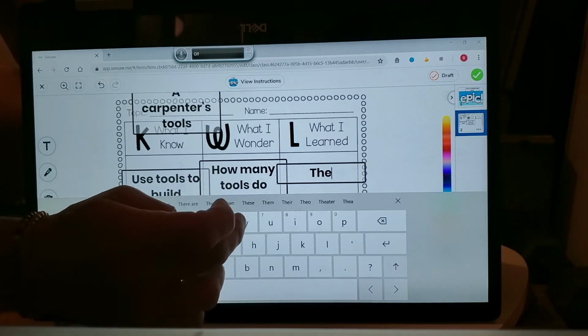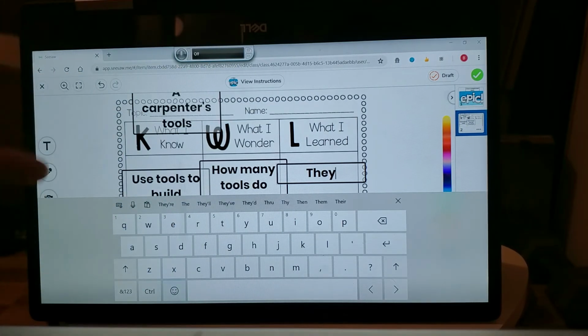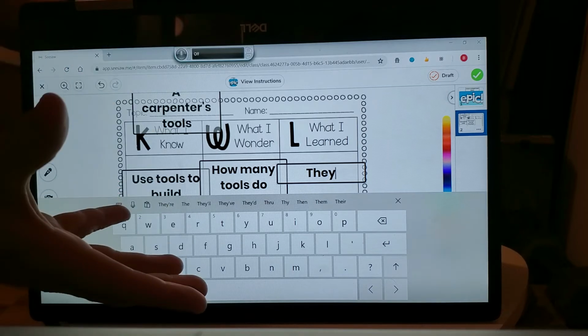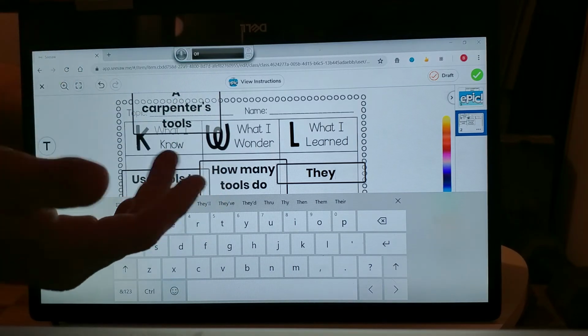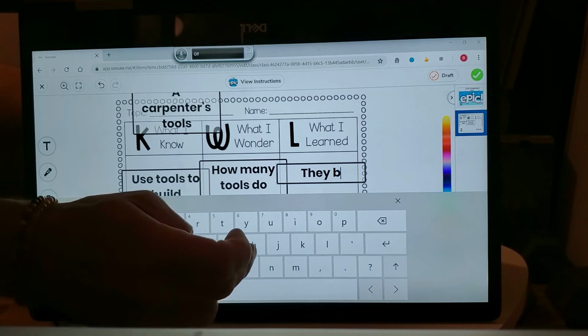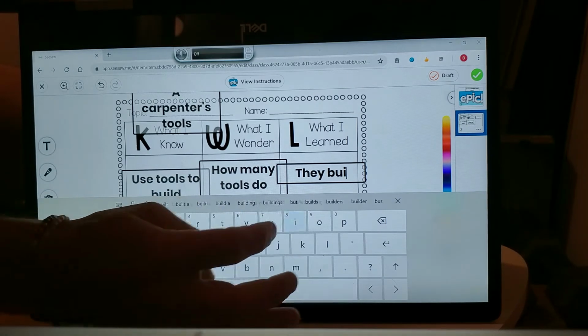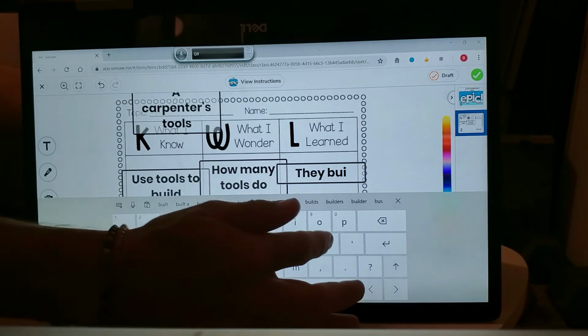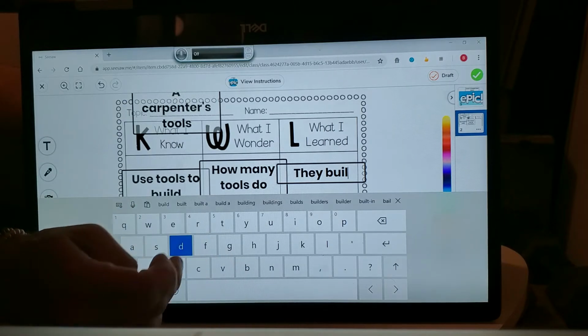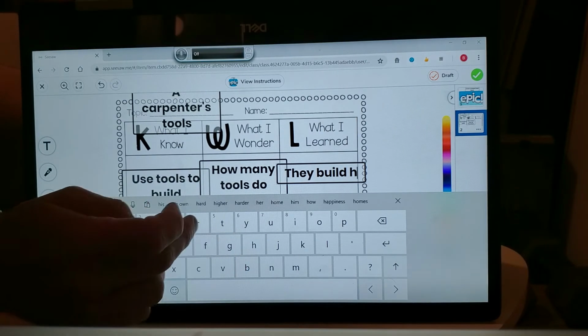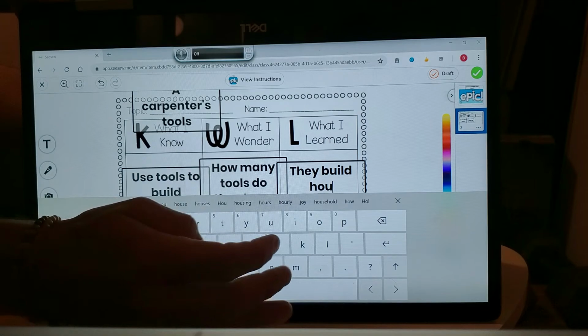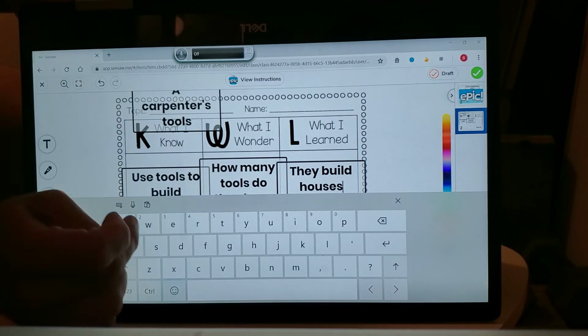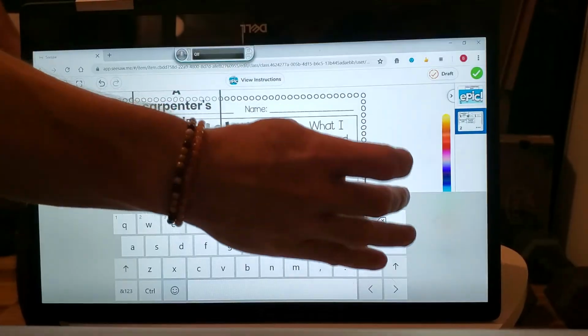This is how we can use this KWL strategy to help us discuss what we learned after we've read a nonfiction book. All right? They build. You hear that short I sound? They build houses. That is a really cool thing to be able to do. And I bet you need a lot of tools to be able to build your house.